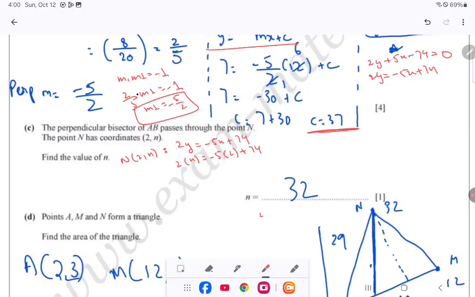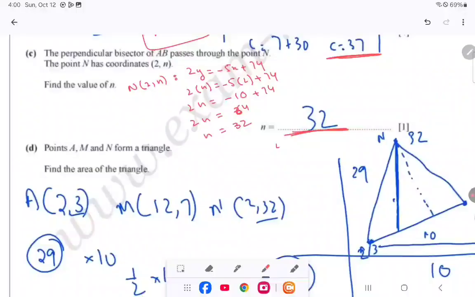Simplifying further, 2n is equal to negative 10 plus 74. 2n is equal to 64, and n is equal to 32, which is our answer for n.